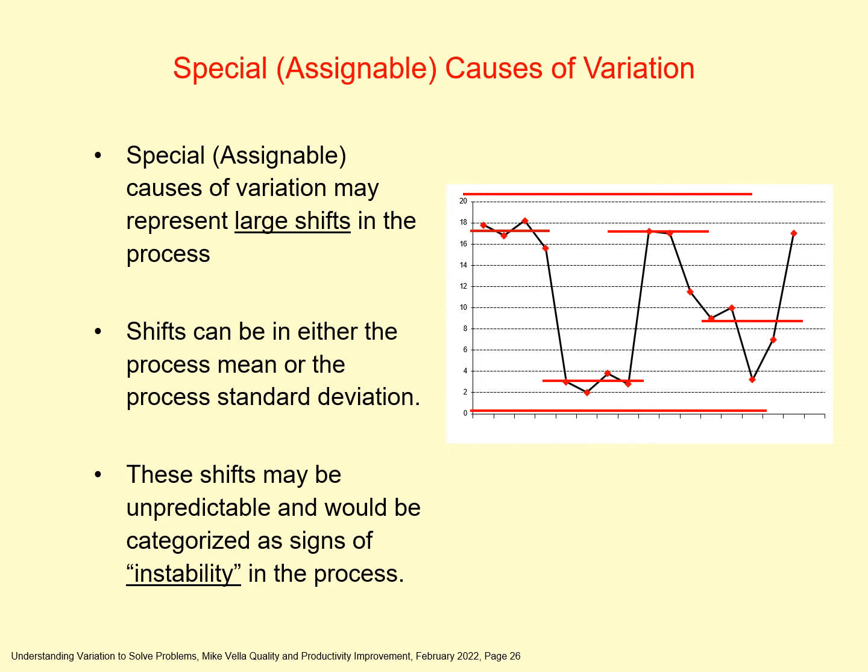So there's something really going on in this process that's causing the data to tell you that the product is changing significantly. These shifts could be in the mean or the center of the distribution, or it could be in the variability of the process. These shifts may be unpredictable and would be categorized as signs of instability in the process.